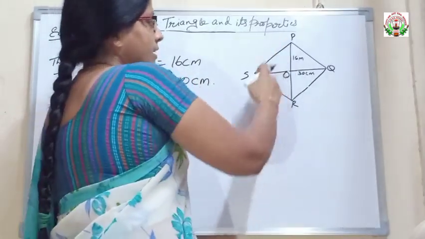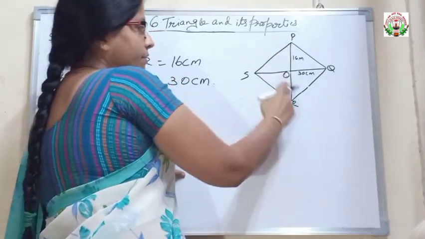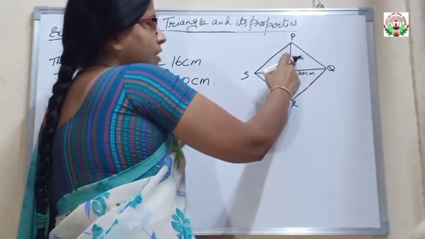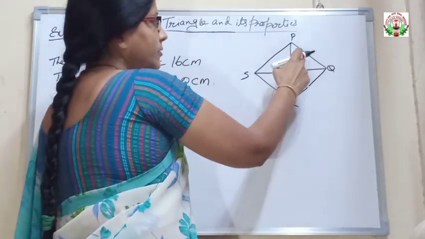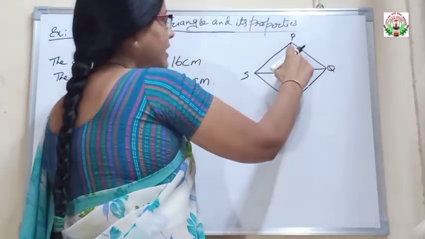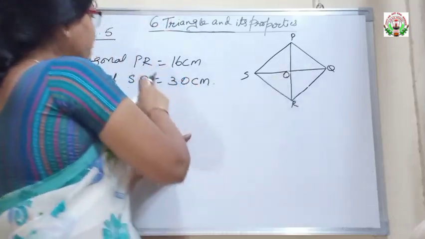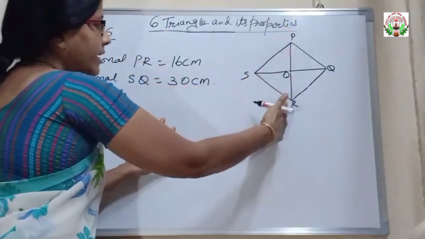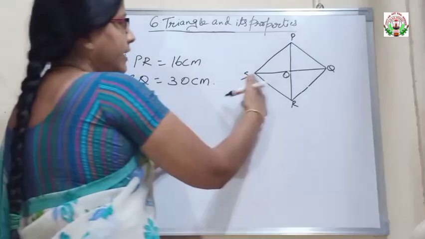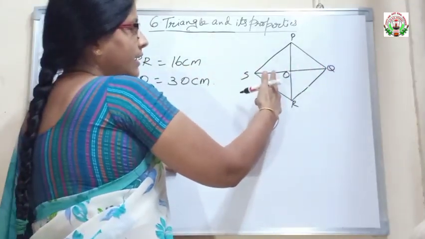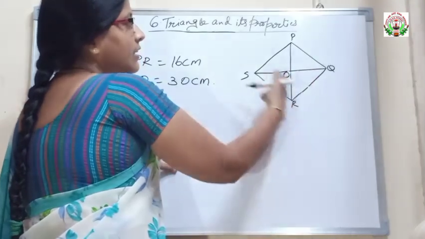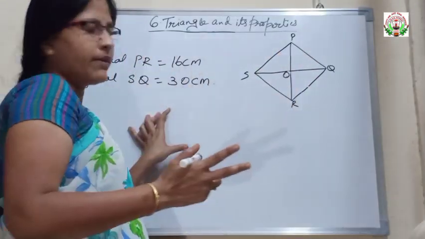They have given it is a rhombus and they have given 2 diagonals. One is of 16 centimeters and another one is of 30 centimeters. So we have written one diagonal PR as 16 centimeters and another diagonal SQ as 30 centimeters. You can see in the picture that the diagonals divide the given rhombus into 4 equal parts.